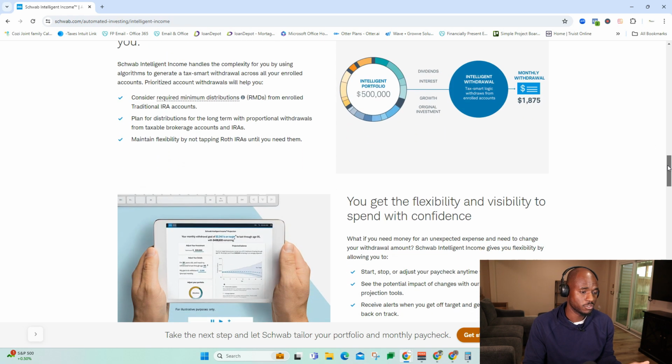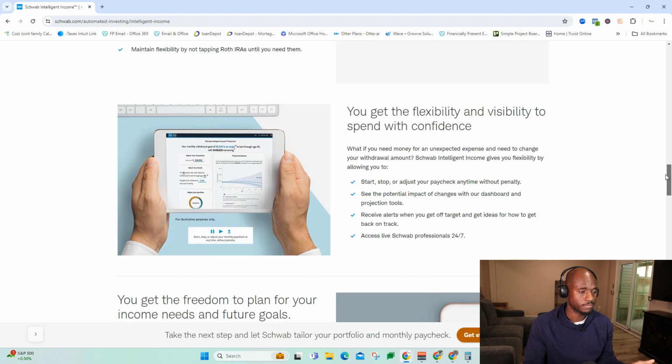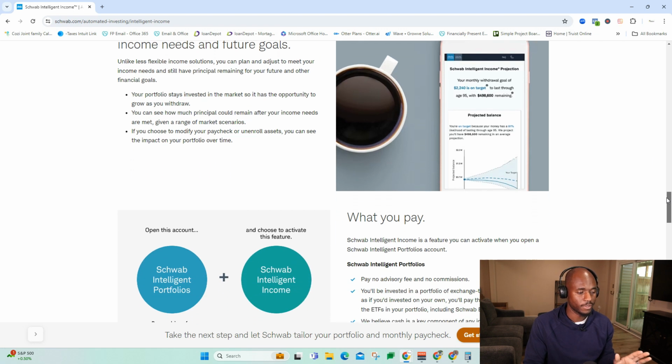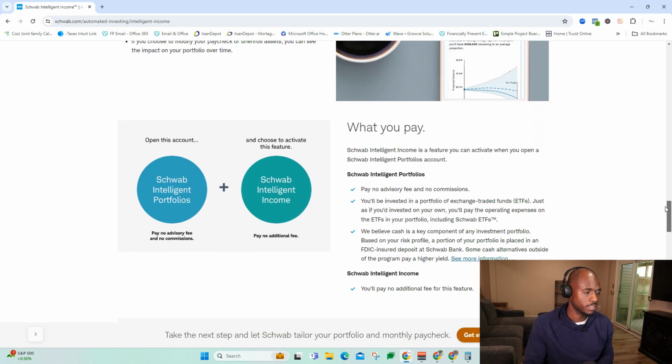And it gives you a picture of what your retirement will look like. So, great way to be able to do it, especially from an income perspective, because not everybody wants to invest aggressively. It's basically an addition to the Schwab Intelligent Portfolios, and there's no additional fee.